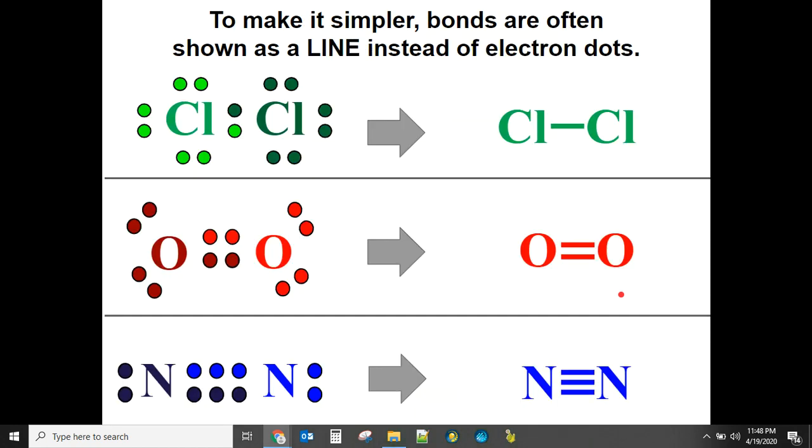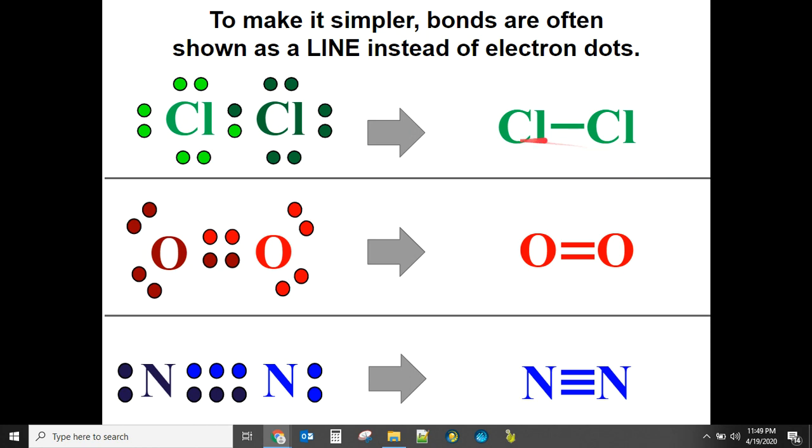Now, instead of showing all these dots, scientists got tired of drawing all these circles. For real, they got tired of drawing all the electrons. And so they wanted to make this simpler. So they decided to just show a single bond as just a line. So one line counts as these 2 electrons. And then they just didn't even show any of the other valence electrons.